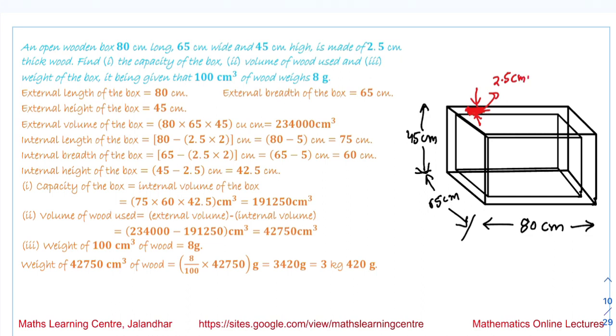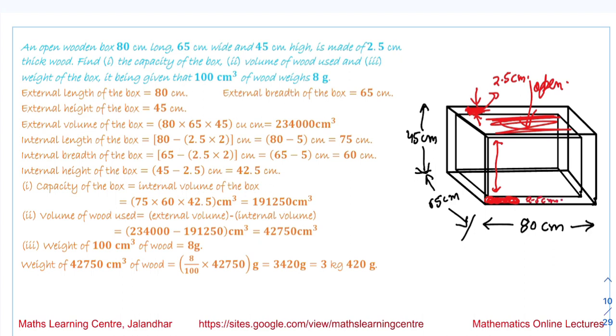So what are the dimensions of the box from the inside? One more thing given to us is that this box is open. There is nothing over here, on this side it is open. Now if we look at the height of this box, this is the thickness of the base, which is 2.5 centimeter.